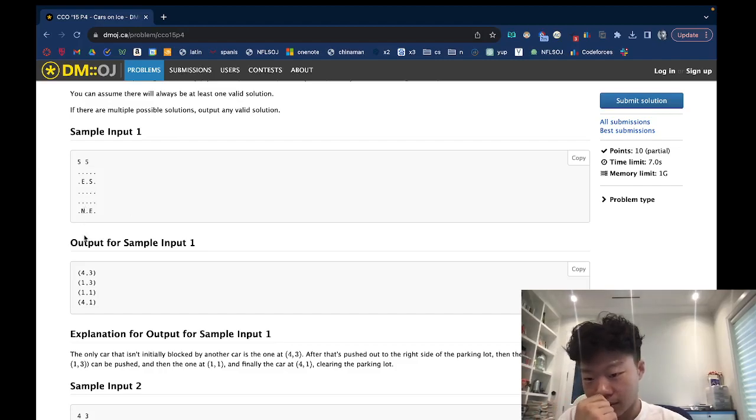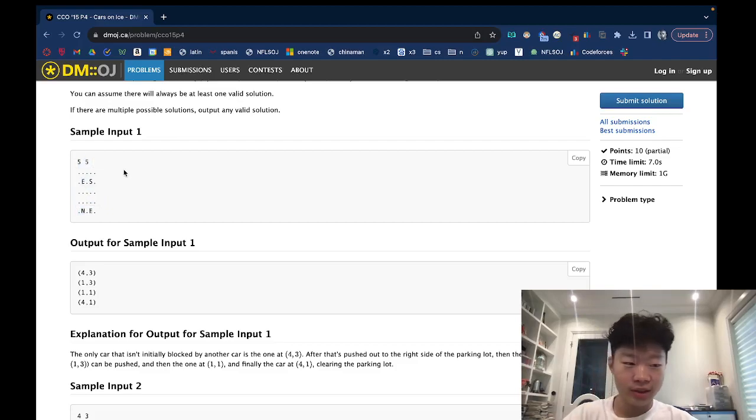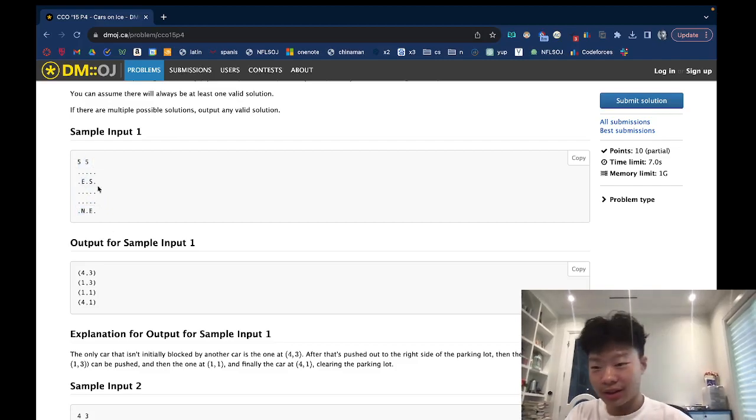So for this example, you first move the guy for 3. This guy goes east, boom, he's gone. Then you can get this guy to go south. You can get this guy to go east, gone. This guy to go north, gone. Okay, let's finish this up.